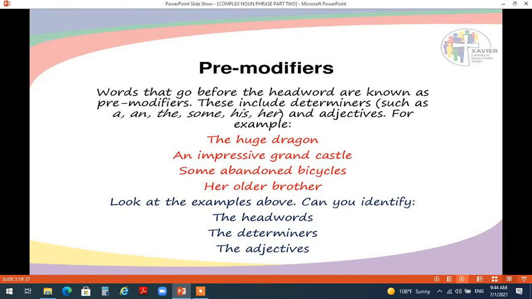Some abandoned bicycles. Again, bicycles is the head word which has been pre-modified by the adjective abandoned. Her older brother. Brother is the head word which has been pre-modified by using the comparative adjective older. So this is what we mean by pre-modifiers, the words which go immediately before the head word.